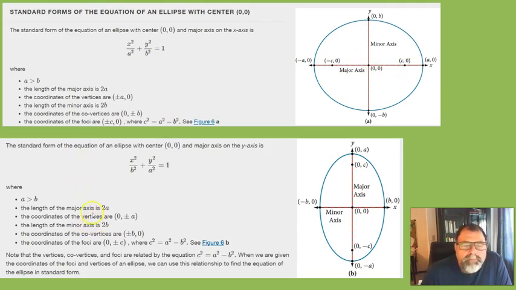You do the same thing for the vertical major axis, just making the appropriate changes. For the vertical major axis, you go up a and down a for the vertices, and for the co-vertices, you go right b and left b. So you just make the appropriate changes.